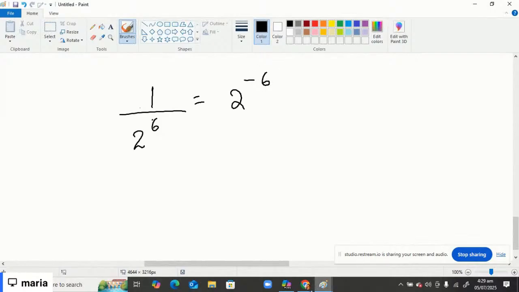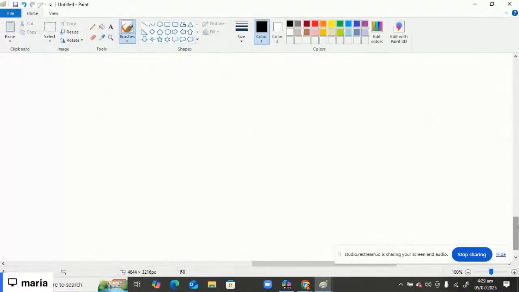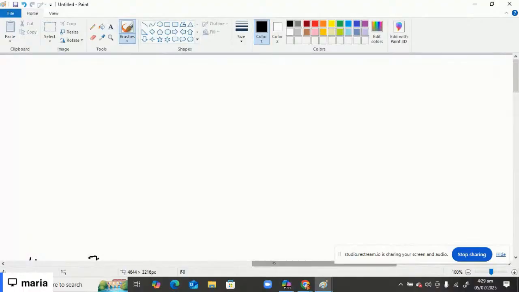Okay, so here are some questions. Let's suppose here is a question in the form of 50 to the negative 10. Solve this.